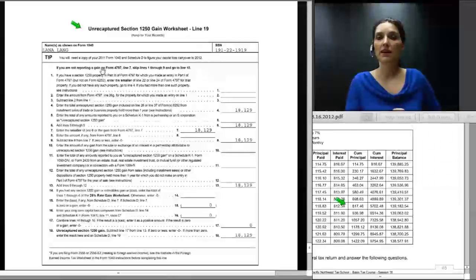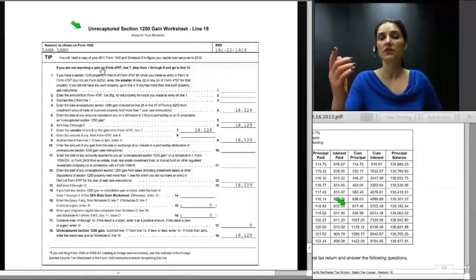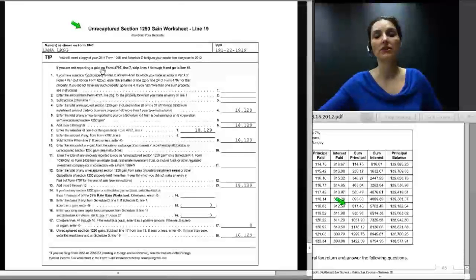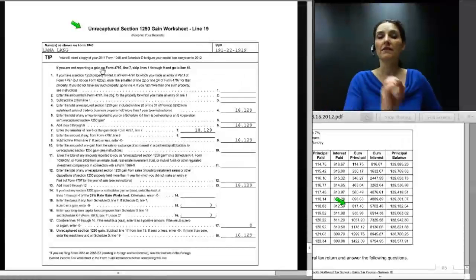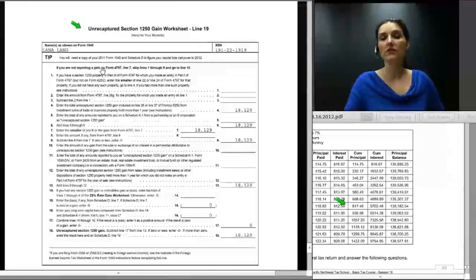The other thing I need to point out is that the amount of prior depreciation claimed is much greater than $18,000. So we know that for the next year or a few years, the amount of payment that Lex pays to Lana each year she's going to be recovering the depreciation before she moves over to be taxed at the regular capital gain rate of 15%. So for 2011 and 2012 and for a few years into the future, she will be recovering that depreciation.